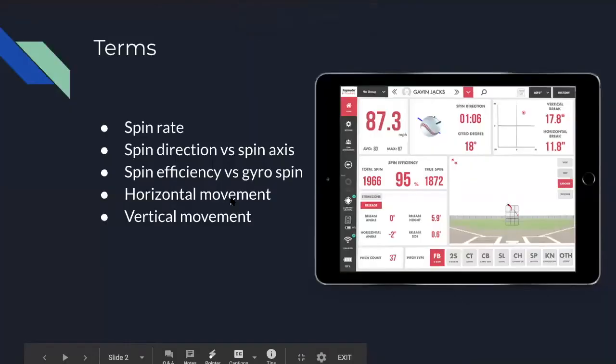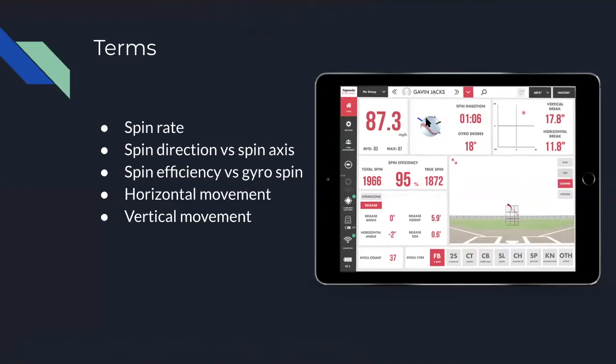And the last two general terms to go over are the horizontal and vertical movement. Those are the numbers that Rapsodo will tell you based on the amount of spin you put on a ball and the direction and the efficiency of it.